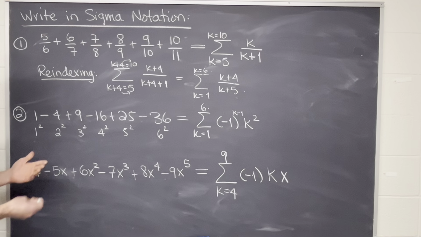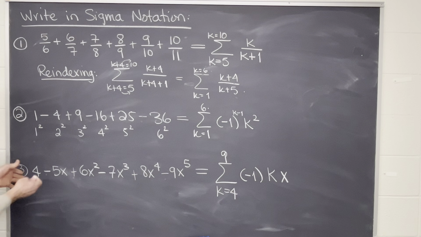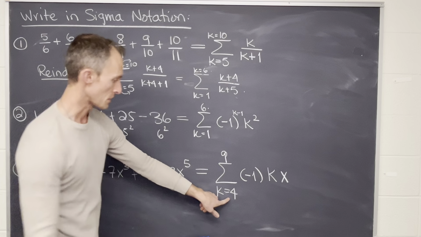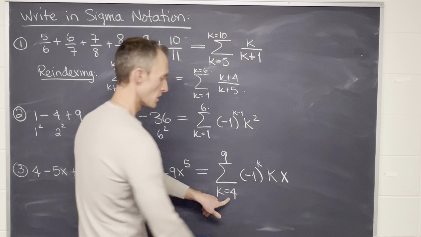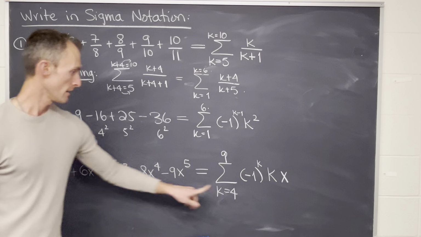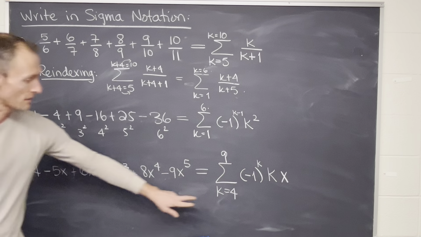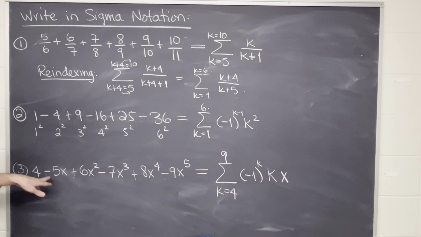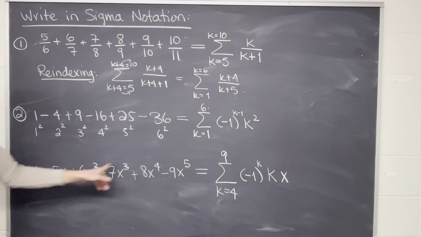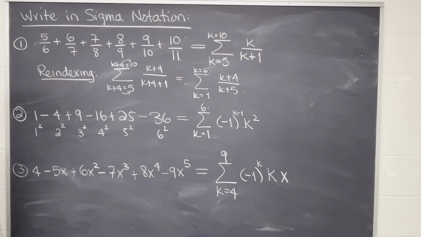And now I have to diagnose and say, well, what do I need to actually get this to work? Well, I'm starting with k is equal to 4, which is even. So if I just leave that as -1 to the k, that would give me -1 to the 4th power, which is just 1. So that would give me a positive. If k is 5, -1 to the 5 is negative, so that's negative. Okay, so that negative sign is looking good. The k is looking good, but now I need to get the right power of x.